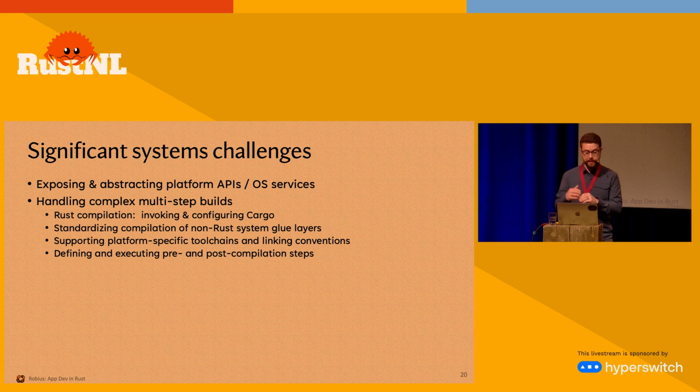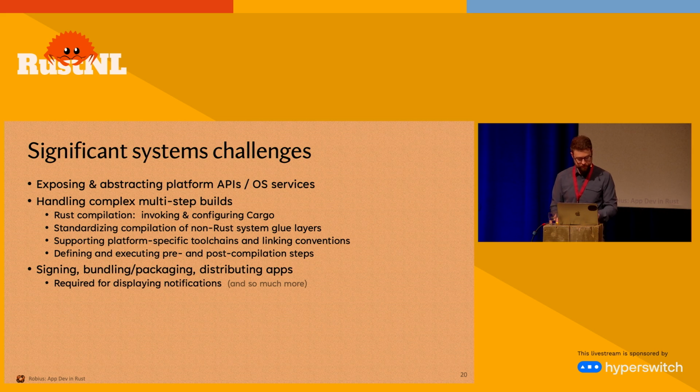We need to handle very complex build procedures where we're not just compiling Rust, which may itself result in compiling platform native code like C or Java, but we also need to support these platform-specific toolchains, linking conventions, and things that Cargo doesn't necessarily support, like arbitrary post-compilation steps.